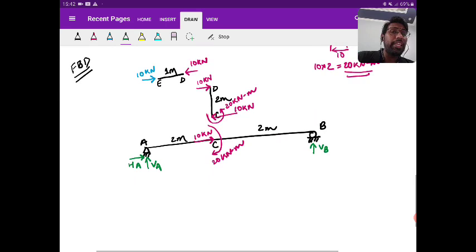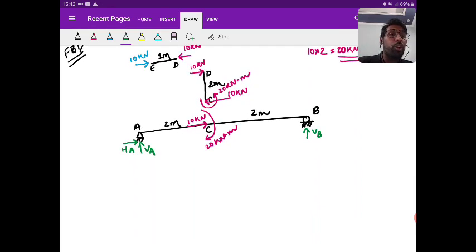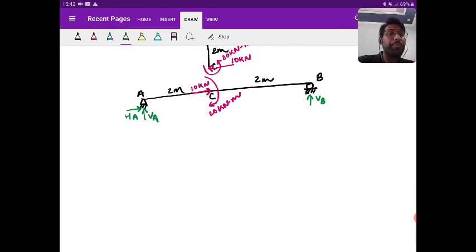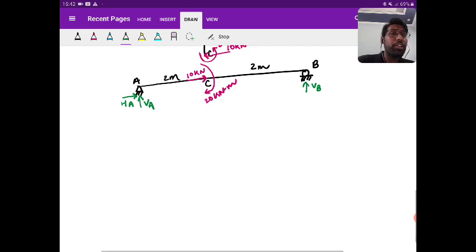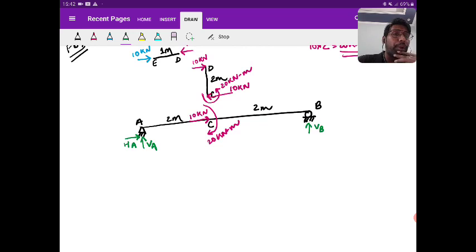Okay. Any doubt by anyone? Please ask. Else, please try to find the support reaction. Come on, find it. We have already transferred the load. Yes or no?